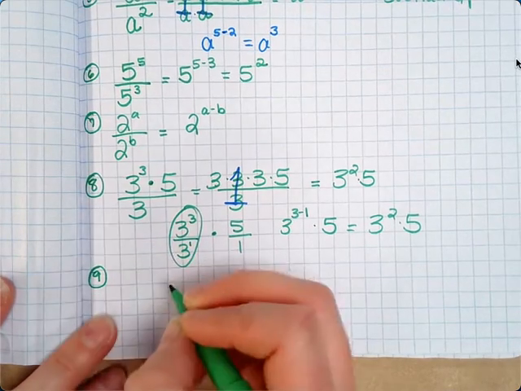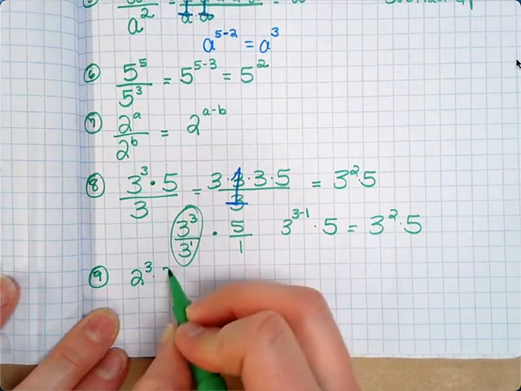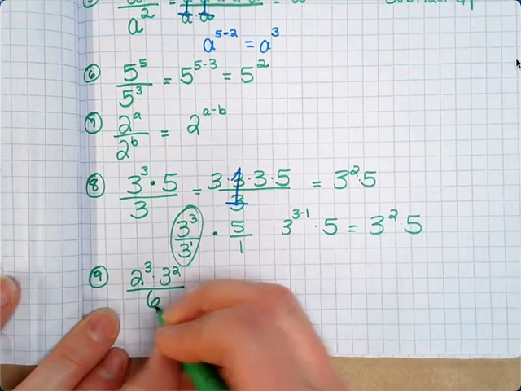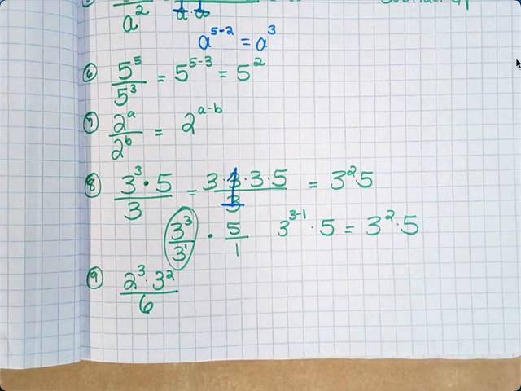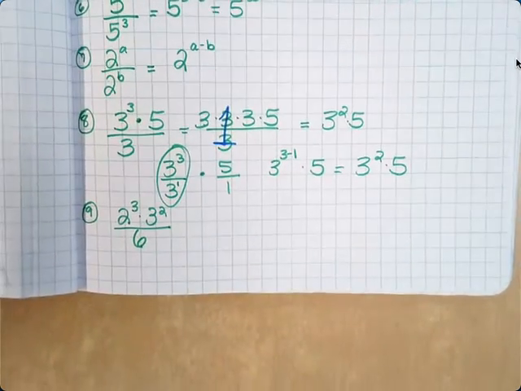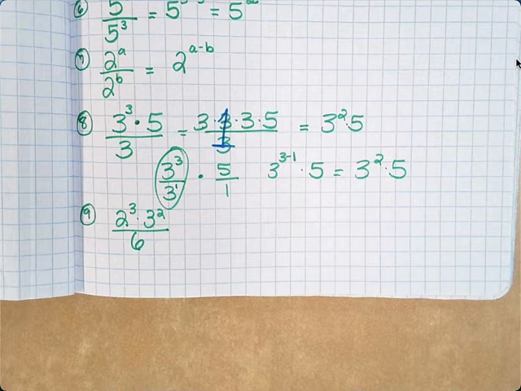Okay, number 9. 2 to the third times 3 squared over 6. Does that look like it can't be simplified?